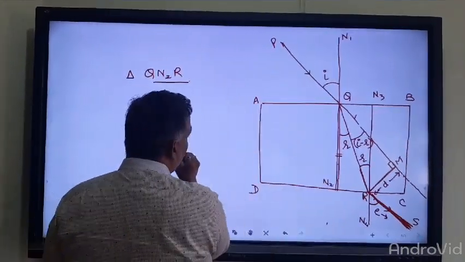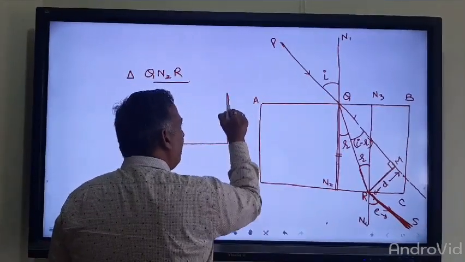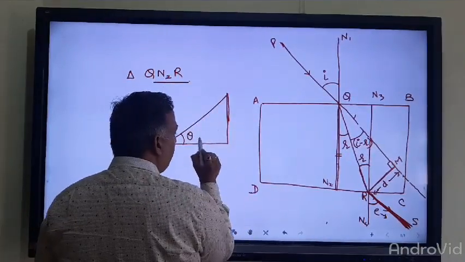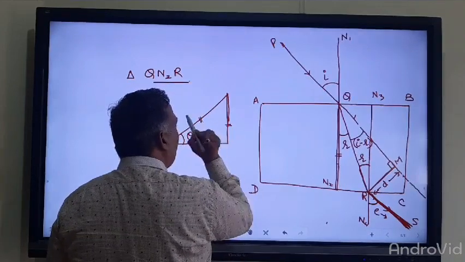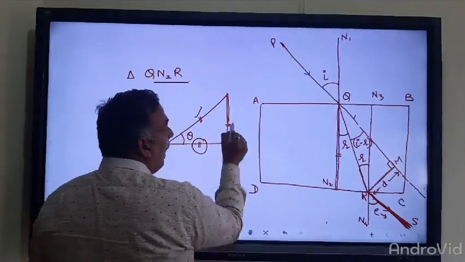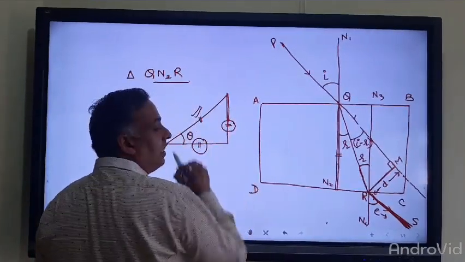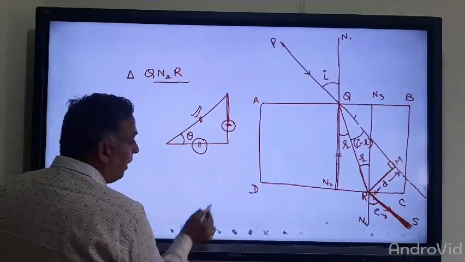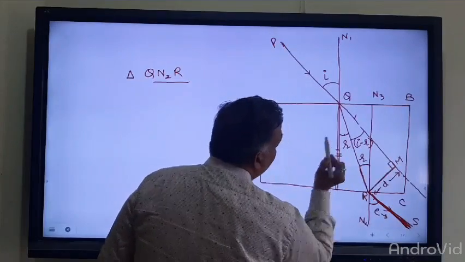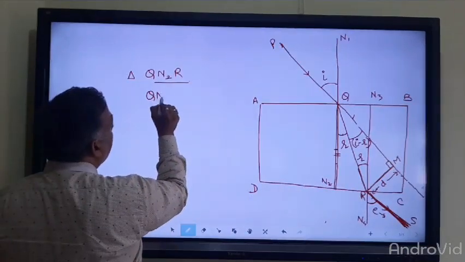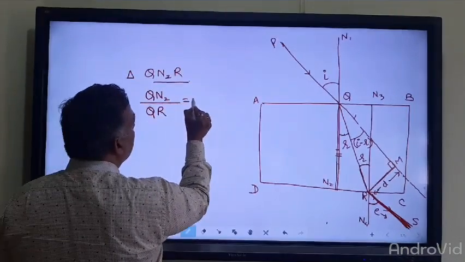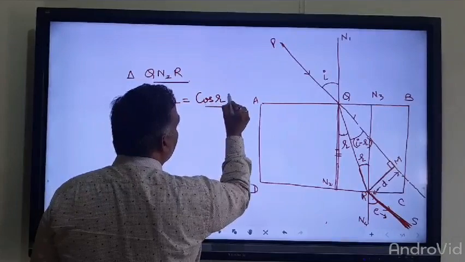If I take a triangle, this is angle theta, this is the base, this is the perpendicular, this is the hypotenuse. Always base upon hypotenuse is cos of the angle and perpendicular upon hypotenuse is sine of the angle. So if I am considering according to it, this angle is QS upon QR is cos r.